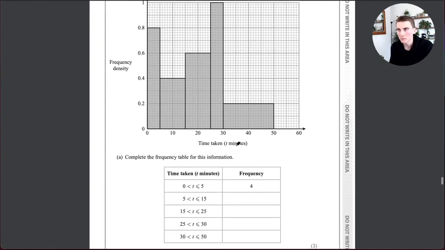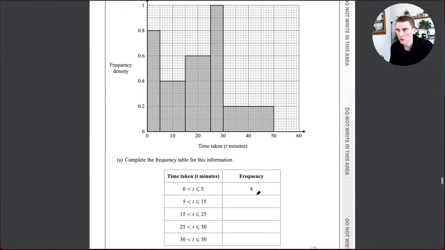Basically, they've done the first one for us. So remember, to get frequency, you multiply the class width, so the difference along the x-axis, by the frequency density. For this one here, this is 5 wide, and it's 0.8 high, so they did 5 times 0.8, and that's how they got 4.